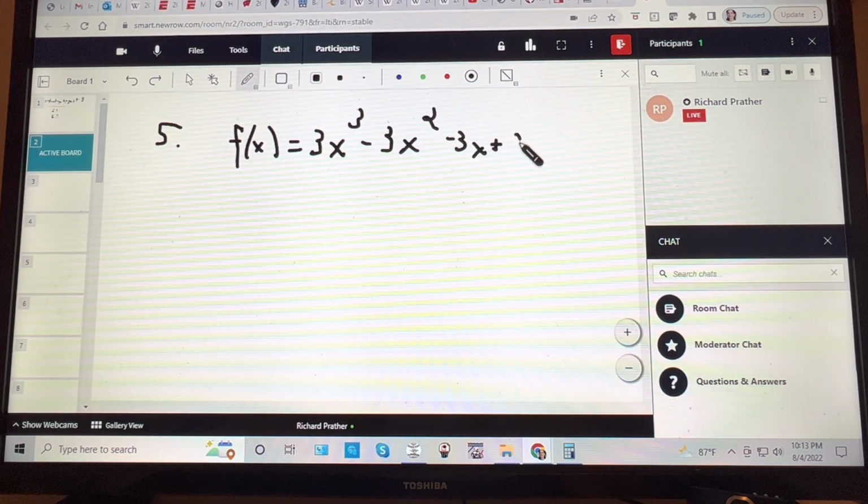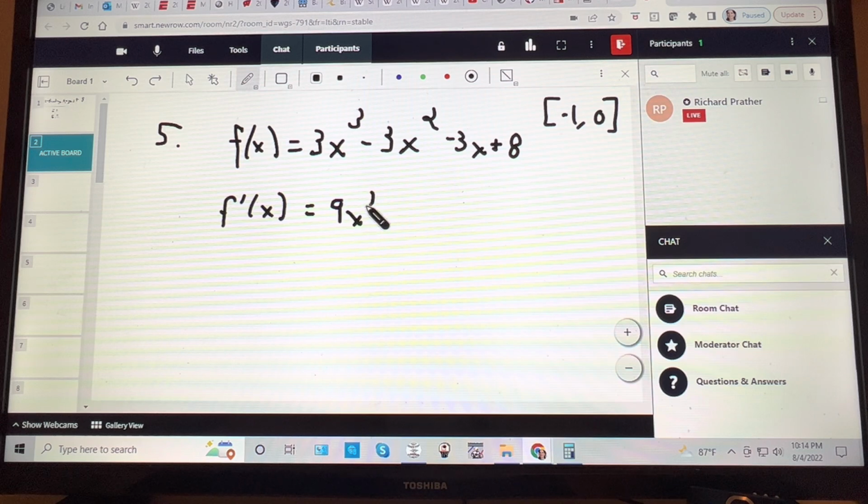Now they gave us a really tight closed interval, -1 to 0. There's not a lot in between that. So there could be two critical numbers from the function itself, because the derivative is going to be a squared function: 9x squared minus 6x minus 3.